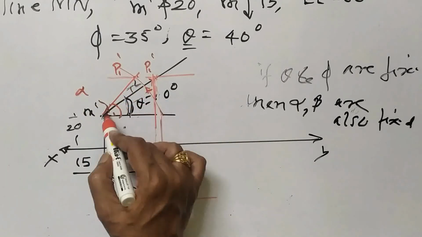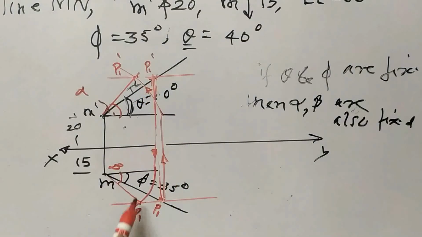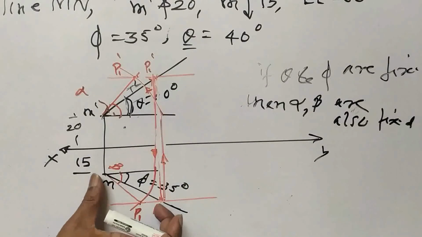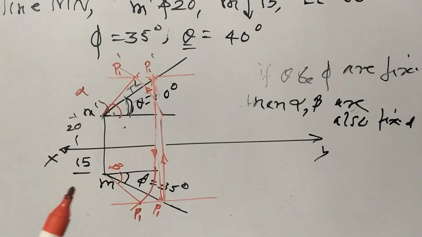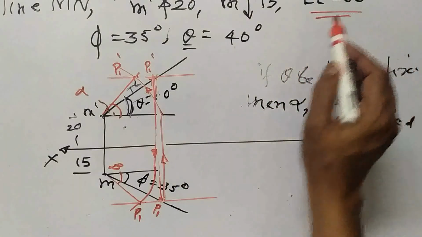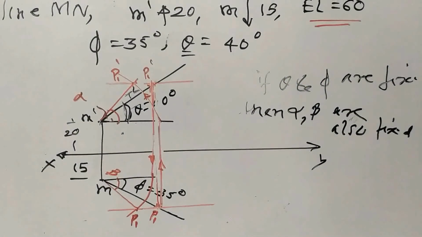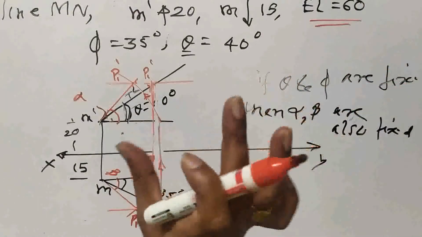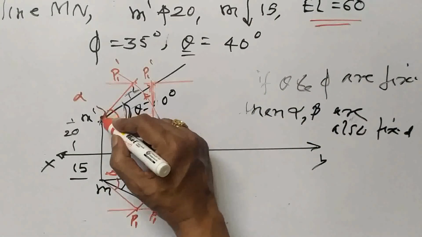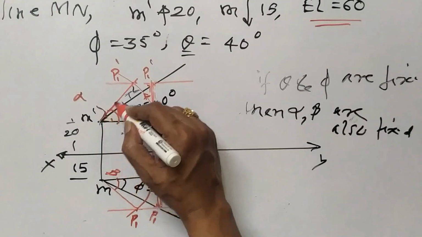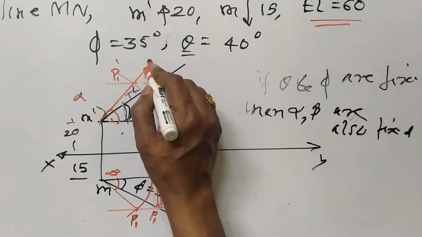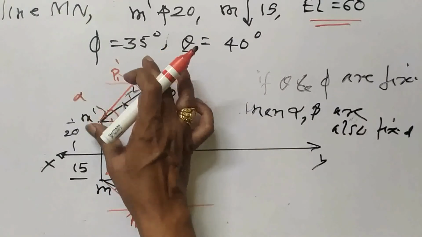Now this elevation length and this plan length correspond to this true length and this true length. But our elevation length is given as 60, right? This elevation length is given. So I will take this distance in the compass, and on this elevation line I will cut this. Suppose this is my elevation length.